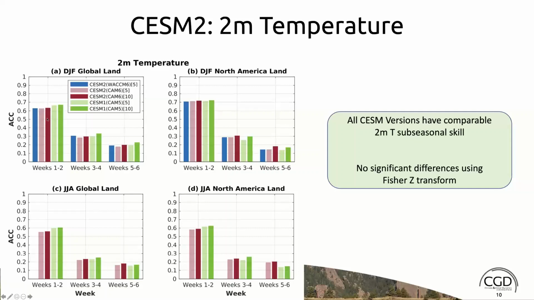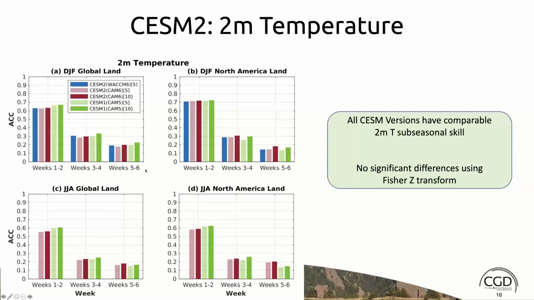But the main message is, if you look closely at any of the top or bottom panels, that skill across all NCAR models for surface temperature is very similar. So we used the Fisher Z-transform to try to assess if there are any statistically significant differences between these models, and the answer is no.